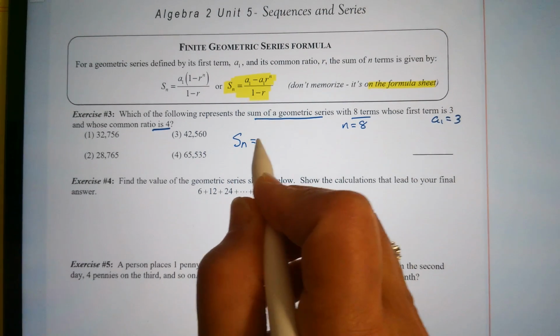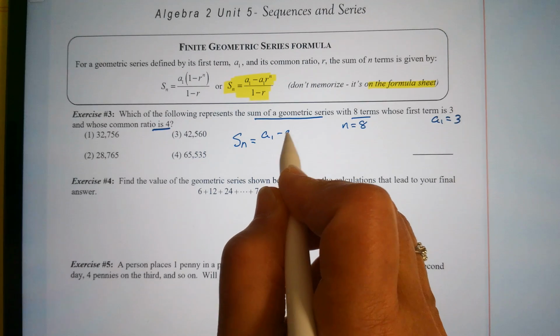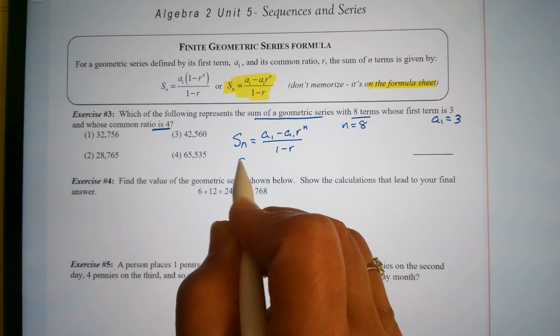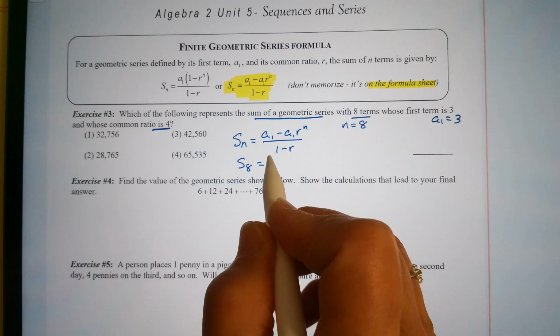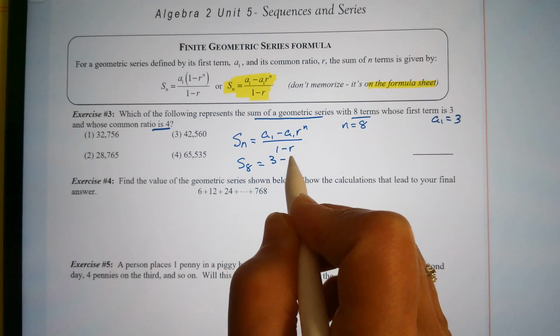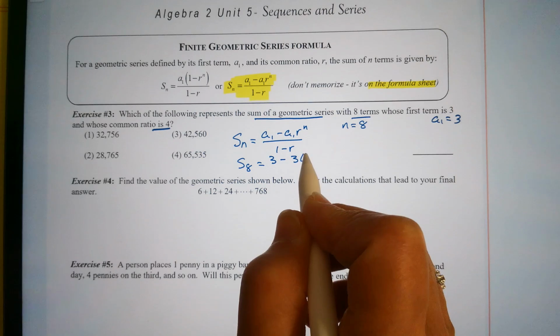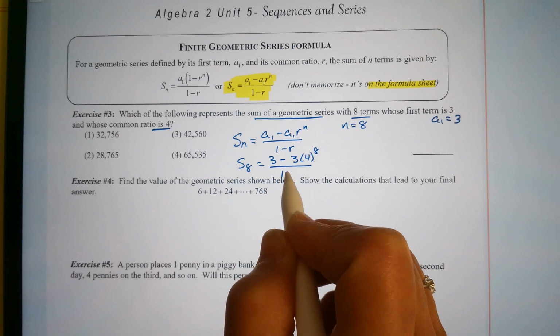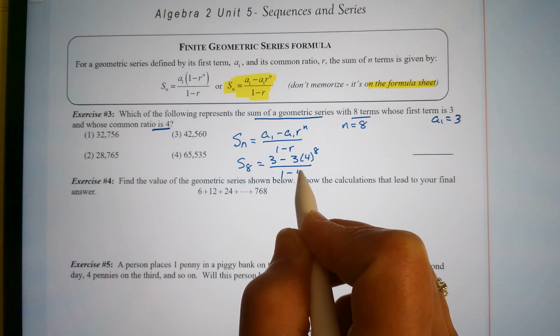Substitute into the formula. I'm going to write down the formula first. So the sum of the first 8 terms is equal to 3 minus 3 times 4 to the power of 8 divided by 1 minus 4.